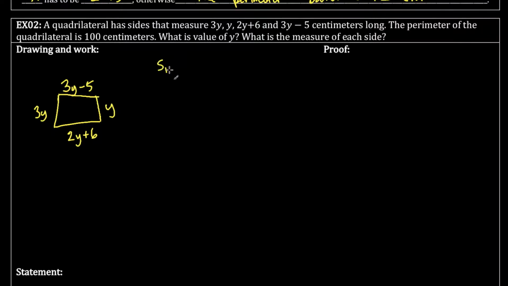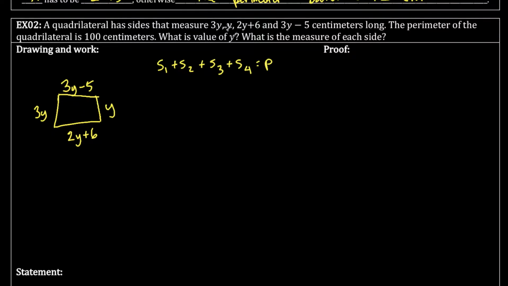Okay, so we know that when we add these together, we should get our perimeter. Our perimeter is 100 centimeters.